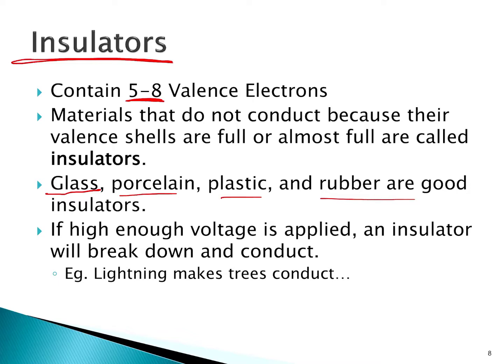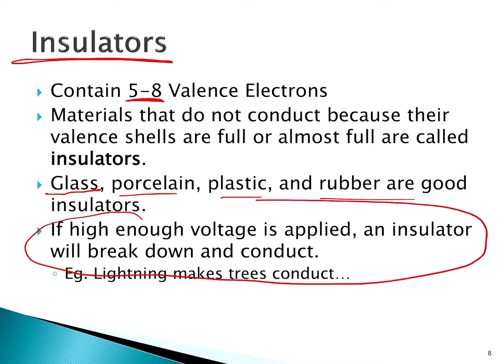Now, here's an important statement that kind of summarizes all this. If high enough voltage is applied, an insulator will break down and conduct. So what it means is when it comes to these materials, even though these are classifications, you can still find that a material with 5, 6, 7, or 8 valence electrons will allow electrons to flow.